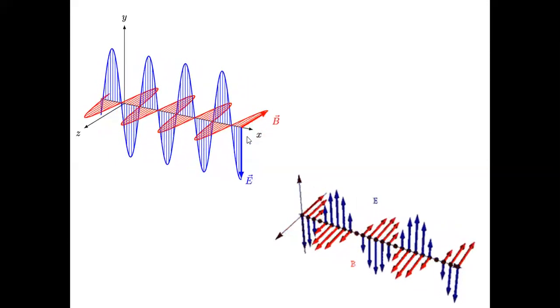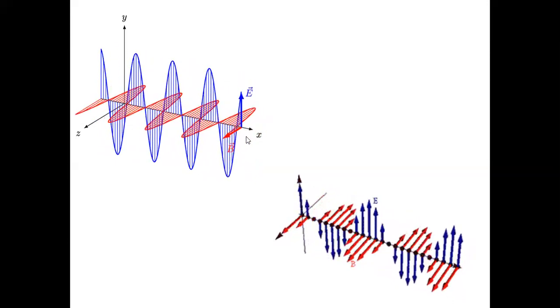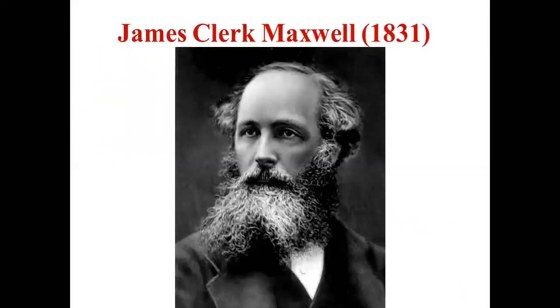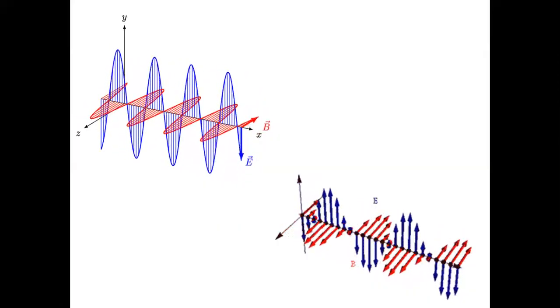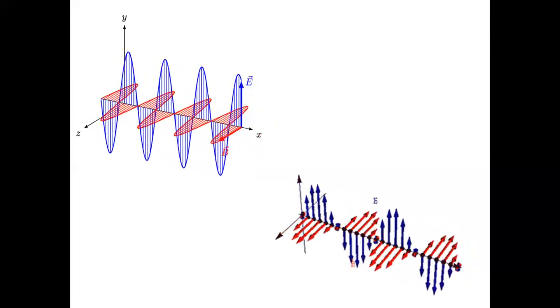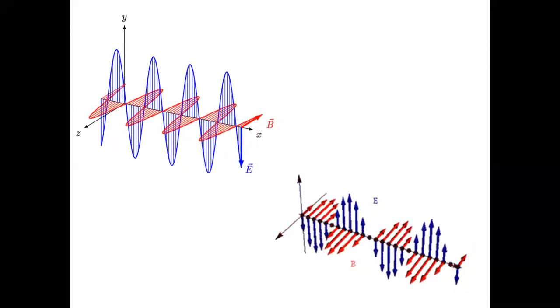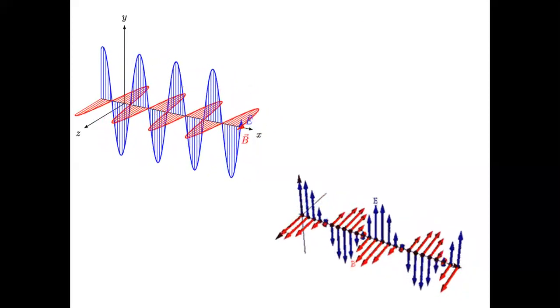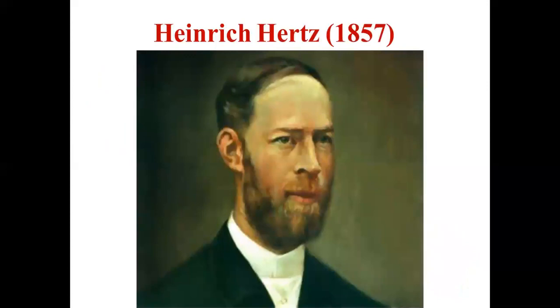So that was the new concept given by James Clerk Maxwell, and he said that light is an electromagnetic wave, and he gave a set of equations proving that light is an electromagnetic wave. But practically it was not proved by Maxwell. Practically it was proved by Heinrich Hertz. He in his lab was able to produce electromagnetic waves and detect them at another point, and that was a major invention.